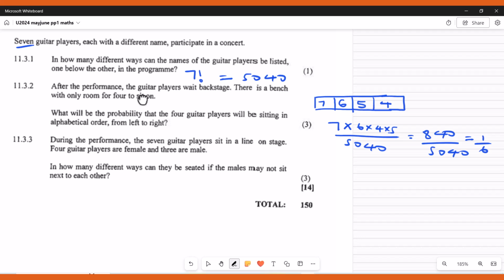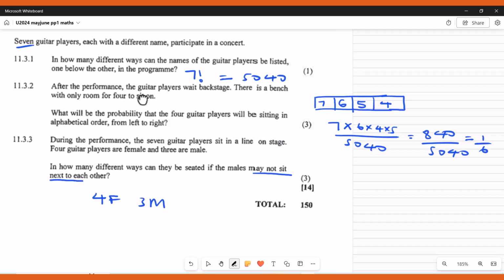Okay, I repeat, during the performance, the 7 guitar players sit in a line on stage. 4 are female, that means there are 4 females, and the 3 are males. So we have 3 male guitar players here. In how many different ways can they be seated if the males may not sit next to each other?